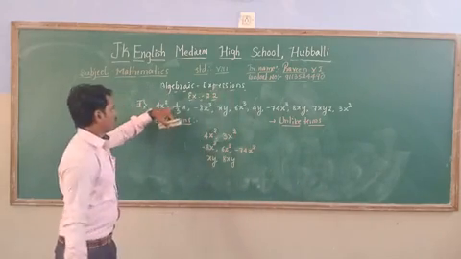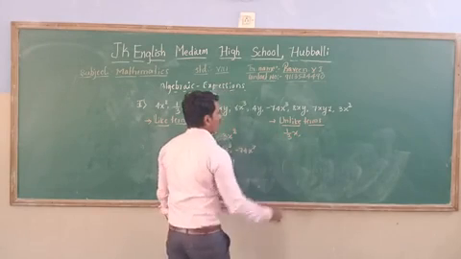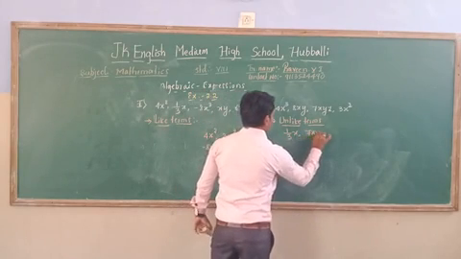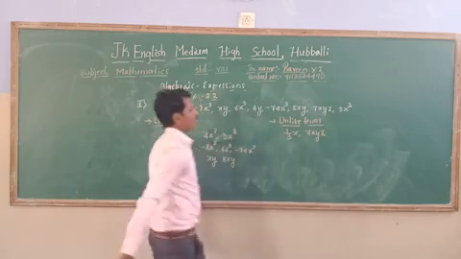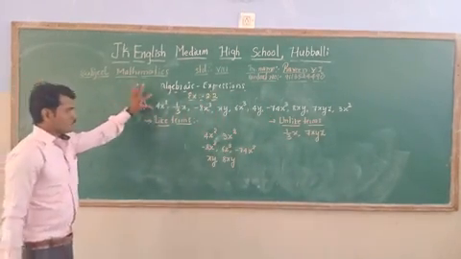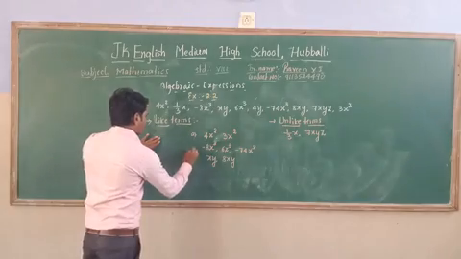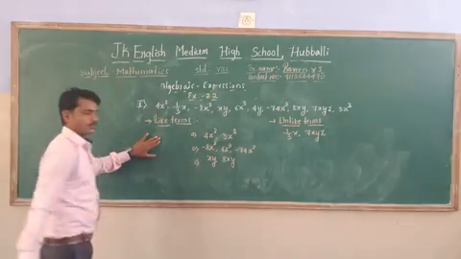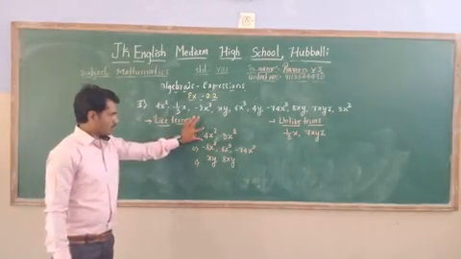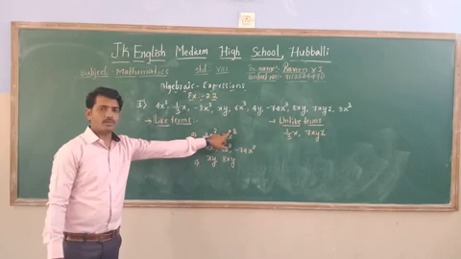We will get 1 upon 3x, comma, 7xyz. Understood? From the question, I have separated sets of like terms. The first set: variables and powers are the same.